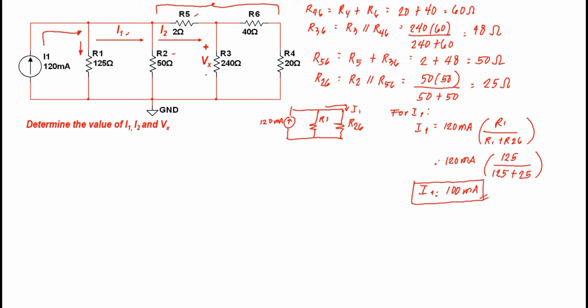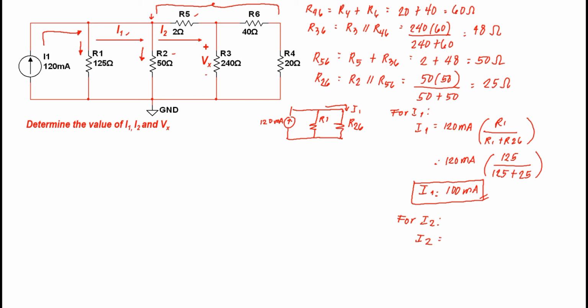Now that we have the I1, we can solve for I2. This I1 is entering this node, and it will be separated with the current flowing through the R2 and of course the I2. So we can use the current divider again.